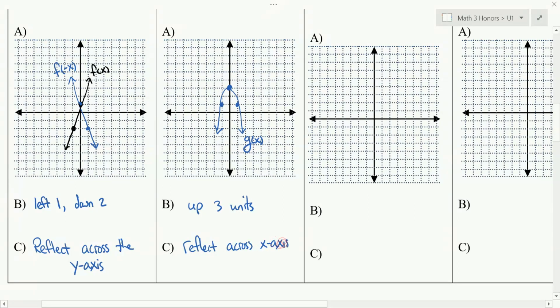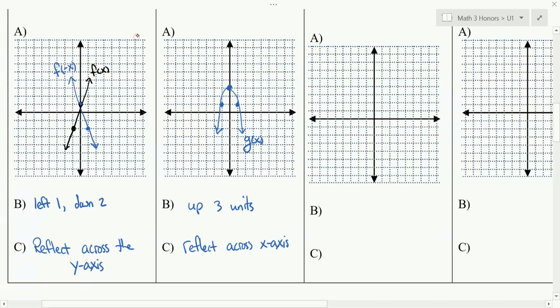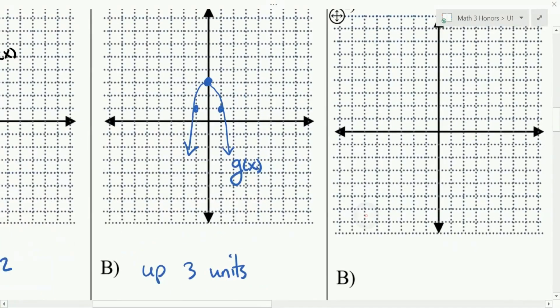Okay. And so you just do that point by point. You look at how far these points are from the x-axis and just put them on the other side. So this one's 1 above the x-axis, so I put it 1 below. The vertex is 3 above the x-axis, so I put 3 below. And so that would be negative g of x.